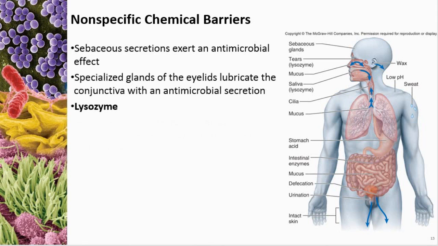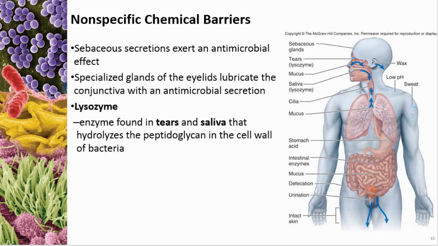So inside our tears, apparently I was ahead of myself on this, but lysozyme, which don't forget is also in the lysosomes of pretty much all of your cells, aside from probably your red blood cells and cell fragments like your platelets and things like that. But pretty much all of your cells have lysosomes with lysozyme in them. So it's the same enzyme, it's just for a different purpose. As I said, they just destroy the pathogen by hydrolyzing the peptidoglycan layer of the cell wall of the bacteria.